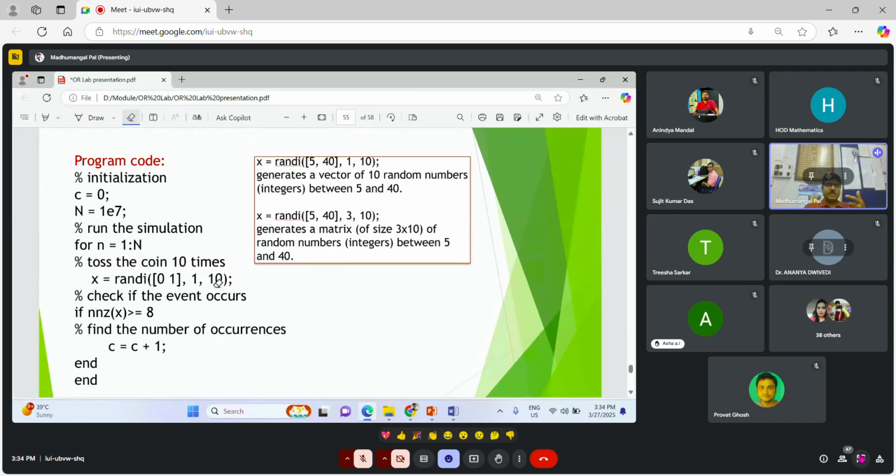That means x is basically a vector of size 10, and each element of this vector is either 0 or 1. Okay, so this is the concept.